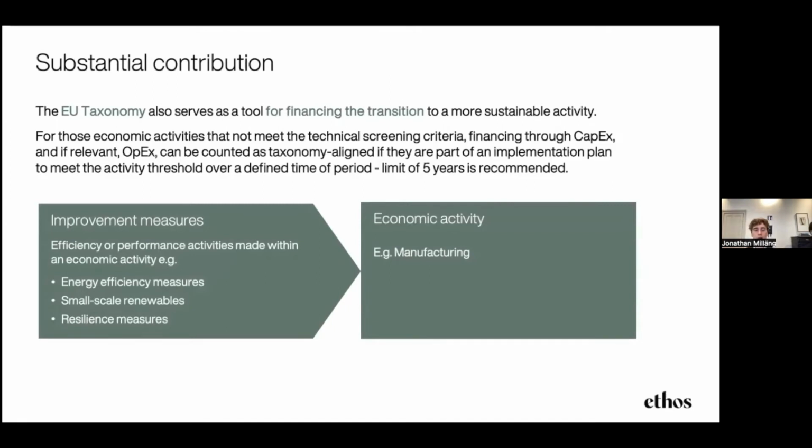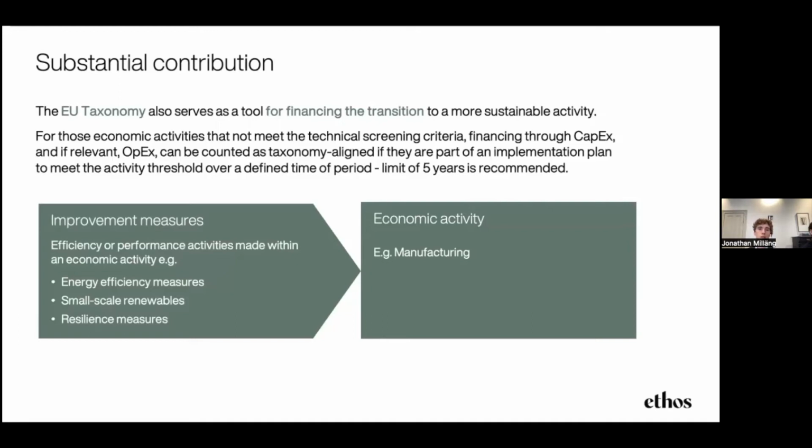So if you have an activity that is not aligned today with the technical criteria, for example a cement producer that doesn't have low enough emissions or doesn't fulfill the do no significant harm criteria in relation to water and pollution, and they show that they will fulfill these criteria within 5 years with investments or capex allocations that they make, those capex allocations are taxonomy aligned.